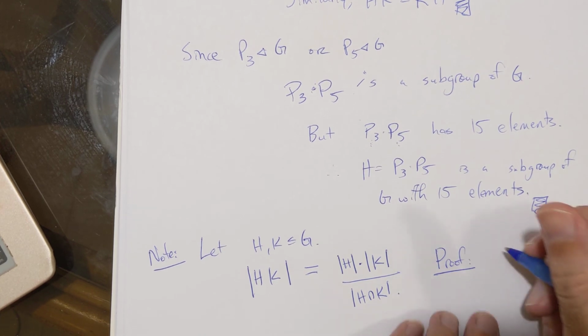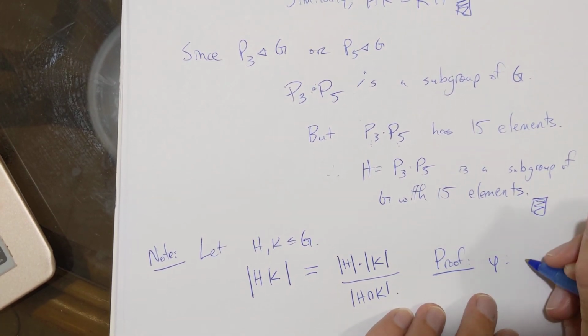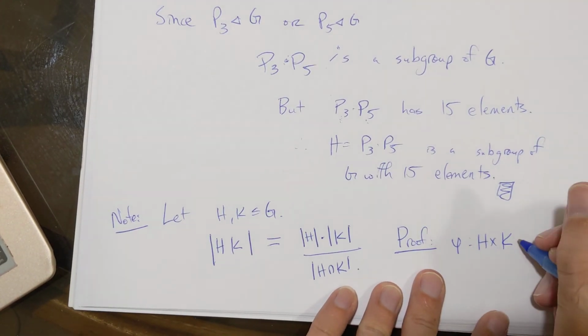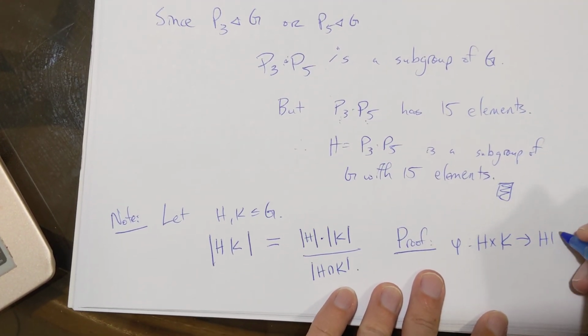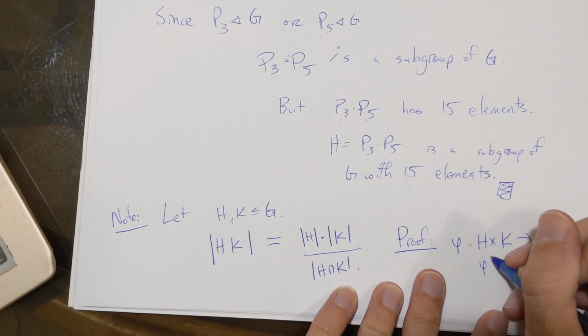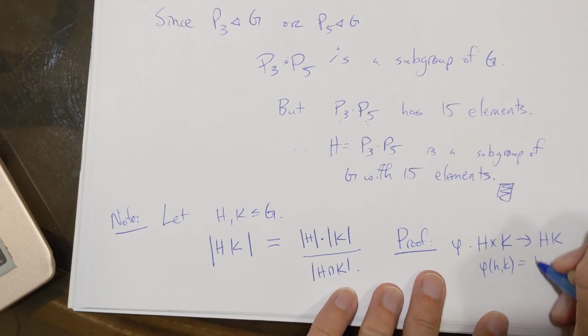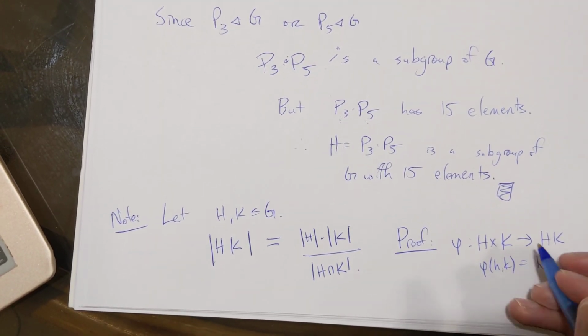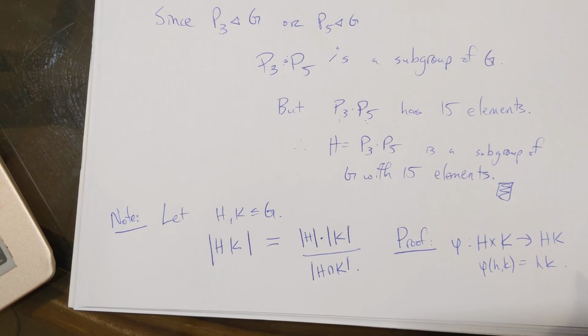You just define phi from the Cartesian product of H and K to H times K, and phi of (h, k) is just hk. By definition, phi is an onto function. Phi is not a homomorphism or anything. It is just a function.